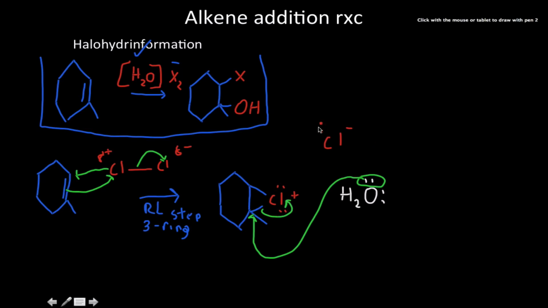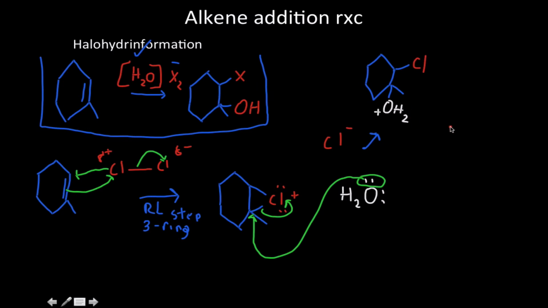And so what we get, in our next step, is OH2, which has a positive formal charge, and ourselves a chlorine there. So it went to the most substituted side. That's so weird to me.